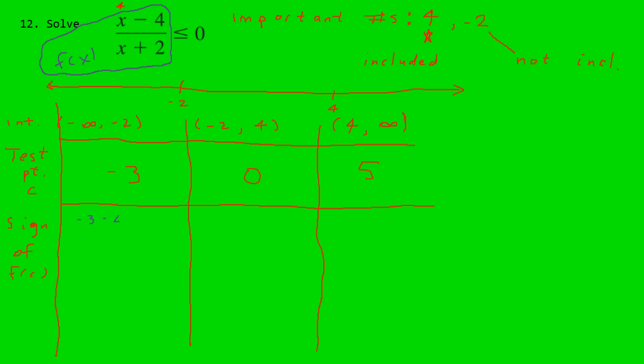So sign of f of c for x equal to -3, that's going to be a negative over a negative, so it's going to be positive. I'm sorry, I said positive and then I wrote negative.